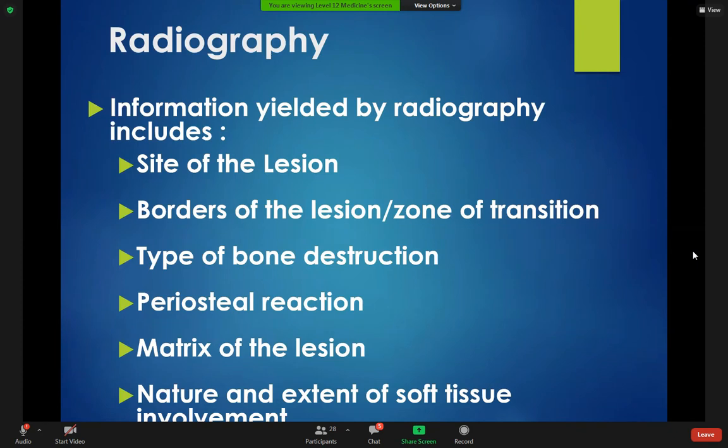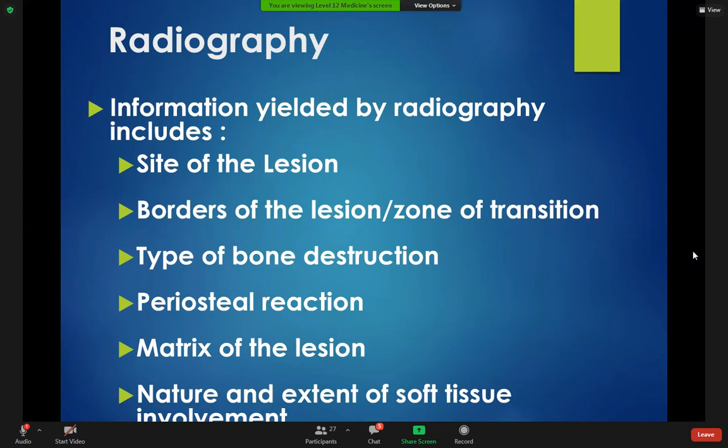Again, looking at the X-ray, we have to answer a few questions that will give us a clue what kind of lesion this is. So we have to know the site of the lesion, so which bone is involved and which part of the bone. Then the most important is the borders of the lesion, so the zone of transition.